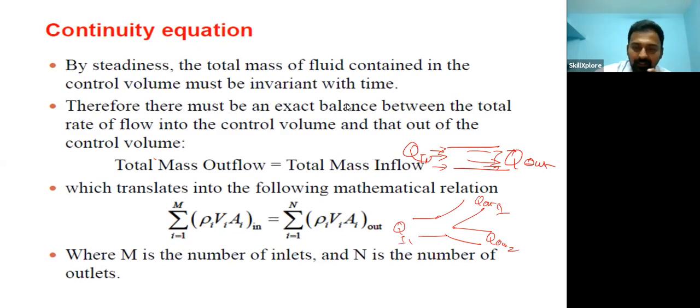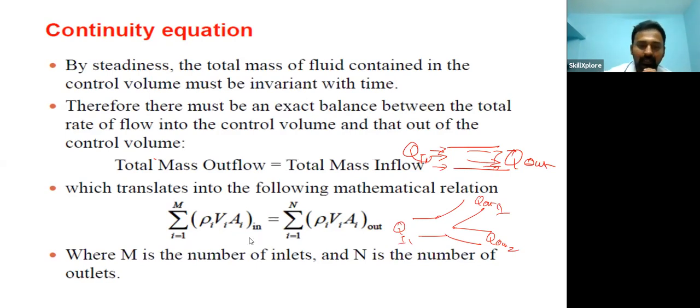This continuity equation is the first and foremost basic for fluid flow properties. After the fluid flow properties, the continuity equation plays a very vital role in calculation of fluid flows. That's why these problems are asked frequently in your examinations. So try to understand this topic. Okay, it is a very simple topic and also very useful in your exams.